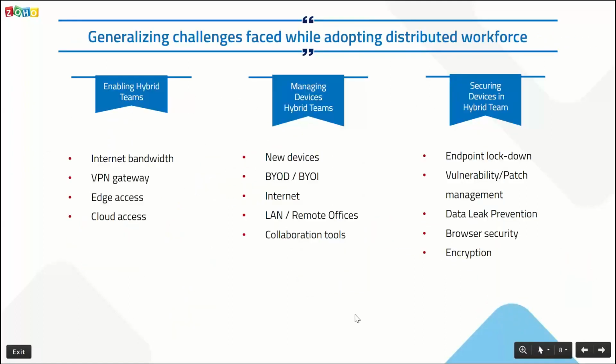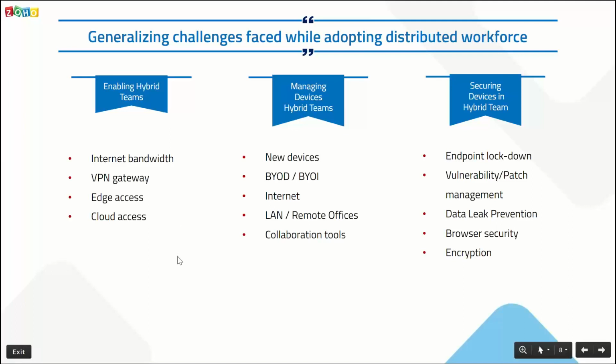Due to this, there are significant challenges in enabling, managing, and securing work from home devices. The challenges in seamlessly enabling work from home include conserving internet bandwidth, configuring VPN gateway, allowing edge and cloud access.